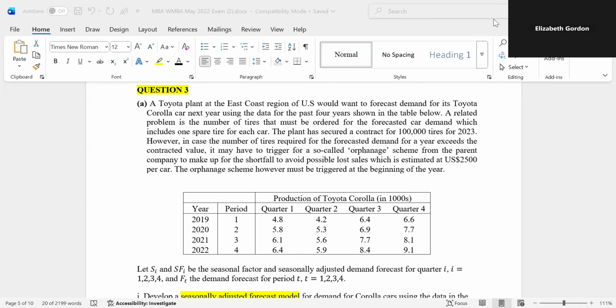The plant has secured a contract for 100,000 tires for 2023. However, in case the number of tires required for the forecasted demand for a year exceeds the contracted value, it may have to trigger for a so-called orphanage scheme from the parent company to make up for the shortfall to avoid possible lost sales, which is estimated at $2,500 per car. The orphanage scheme, however, must be triggered at the beginning of the year.